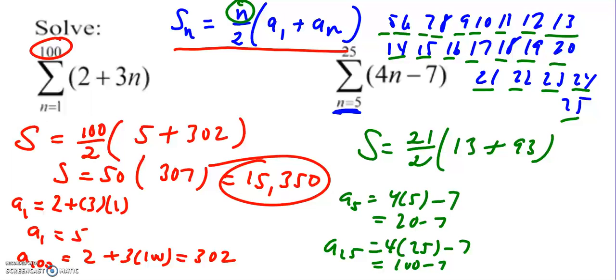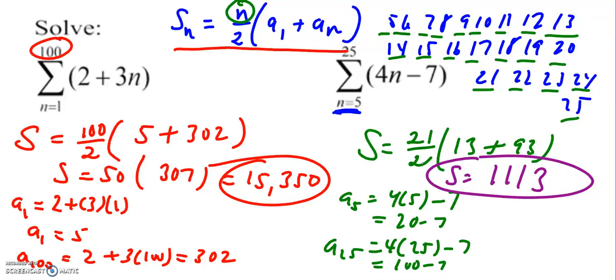So if I wanted to continue and find my sum in a different color here, that would really be 21 over 2 times 13 plus 93. And if you get this in your calculator, your sum would be 1,113.